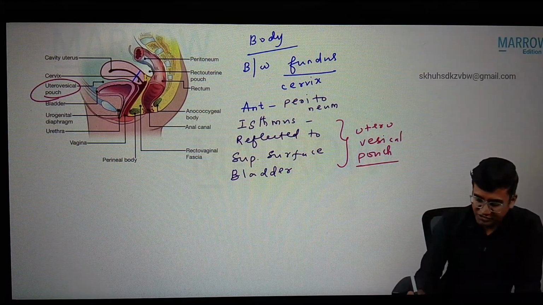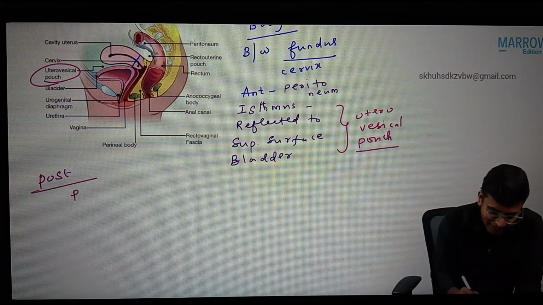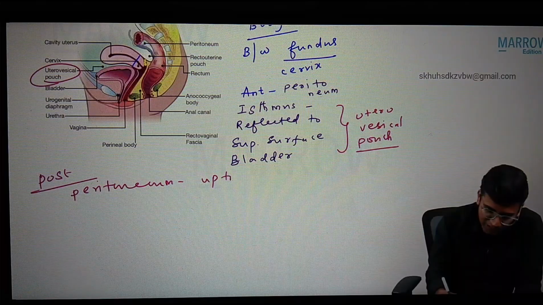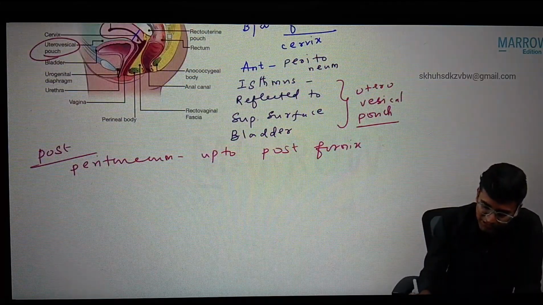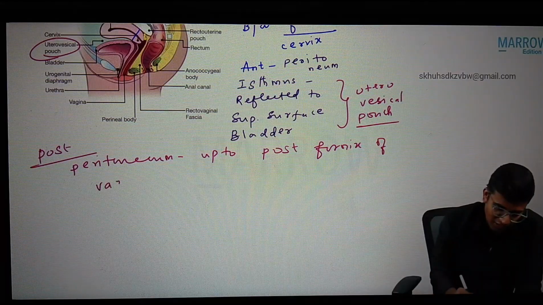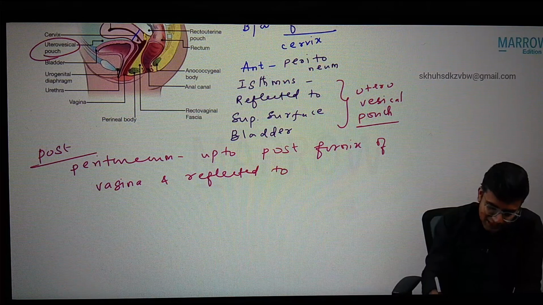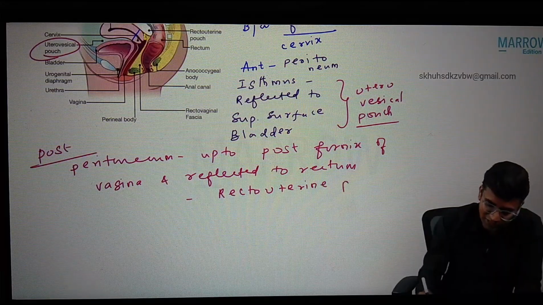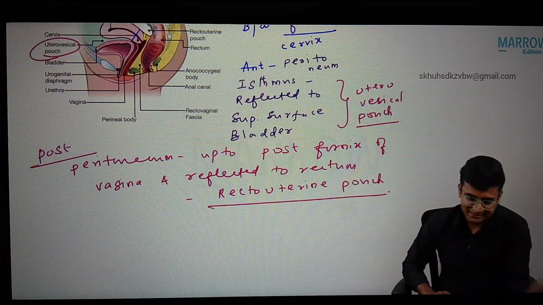So posteriorly, peritoneum is present up to the posterior fornix of vagina and reflected to rectum and forms the recto-uterine pouch. Okay, right.